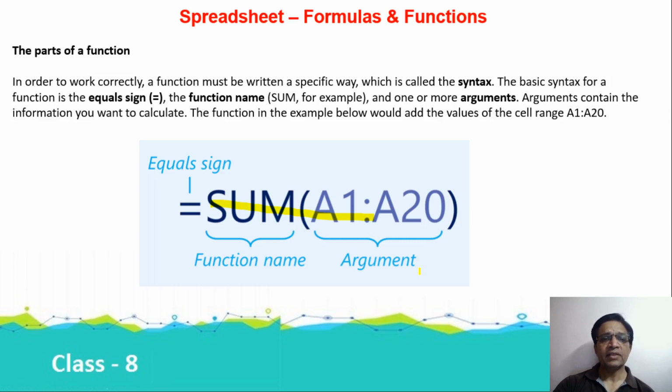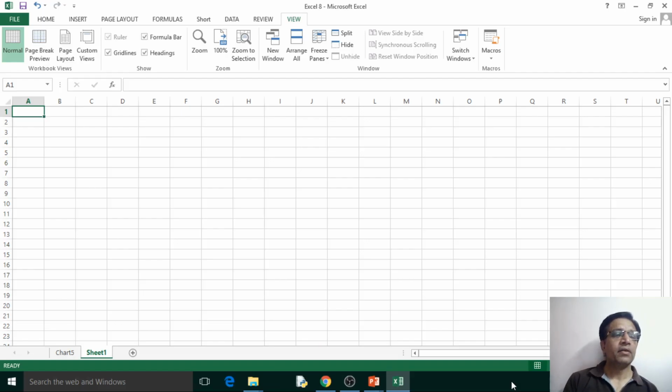The example below will add the values of the cell range A1 colon A20. Every function must begin with an equal to sign, and then we specify the arguments, and there are various ways of specifying these arguments.